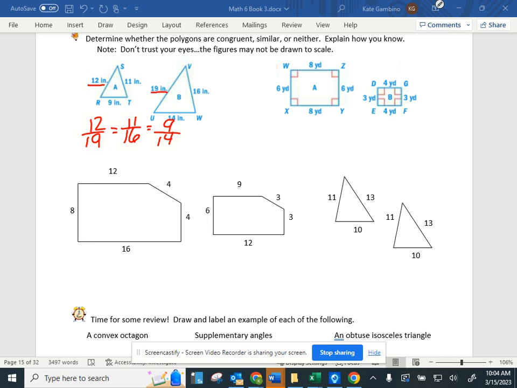So if I divide 12 divided by 19, I get decimals. If I divide 11 by 16, I should get the exact same decimals. So 11 divided by 16, not the same decimal. So are they similar? No. Because if we divide it down, they should be the exact same number. So we're going to write neither.